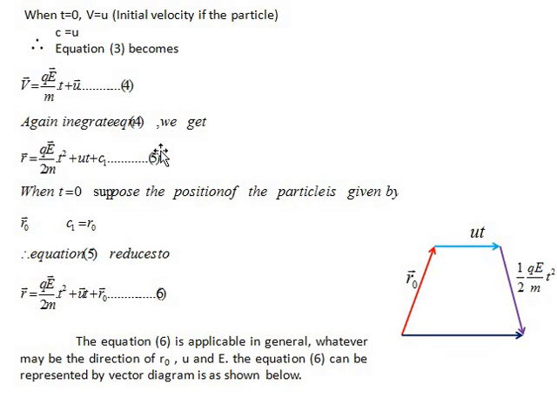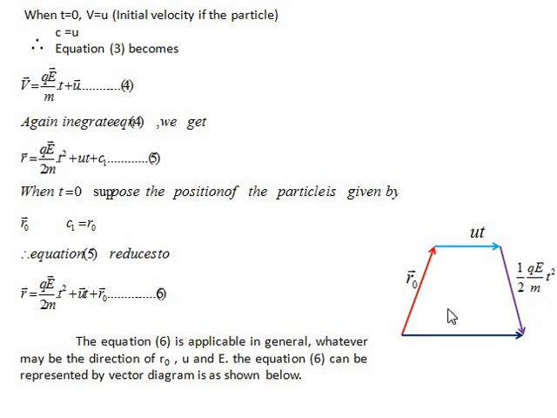So equation 5 reduces to r is equal to qE divided by 2m into t square plus ut plus r naught. You can see here, this is the total displacement of the particle in the electric field, that is equal to ut plus half qE divided by m into t square, ut plus half at square.